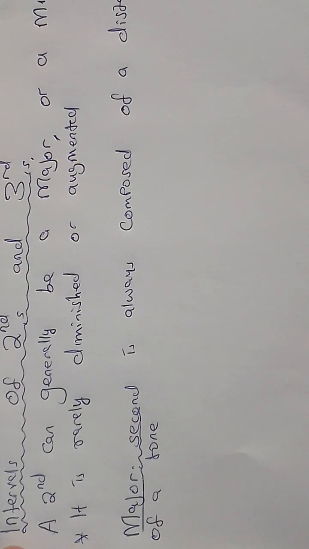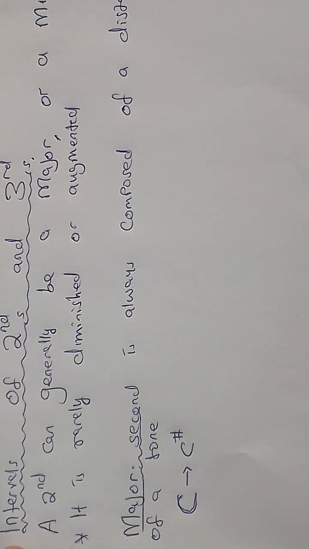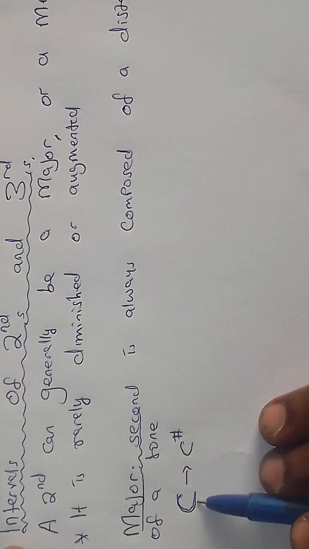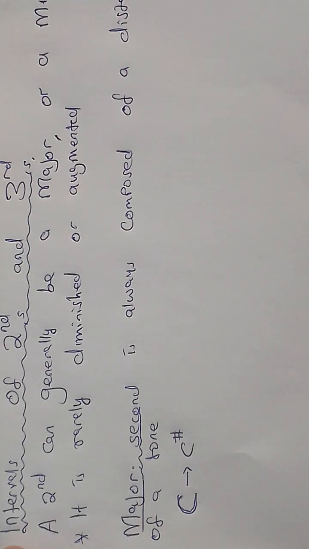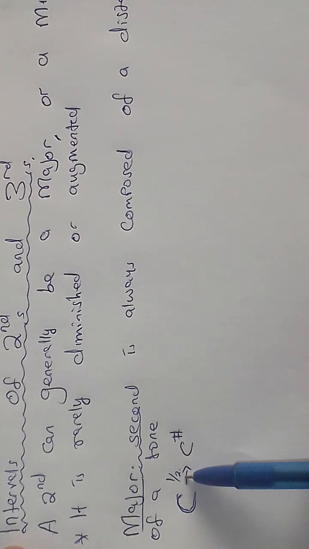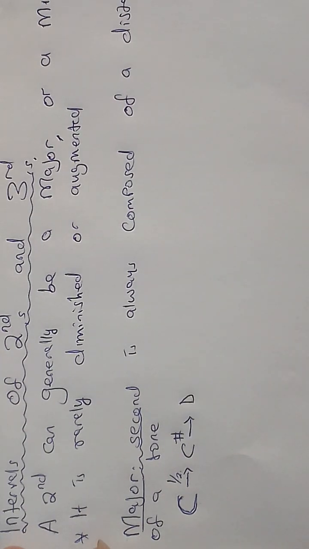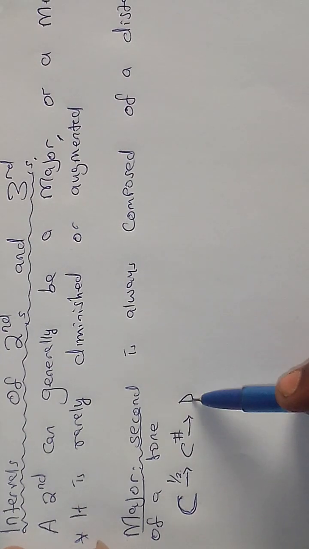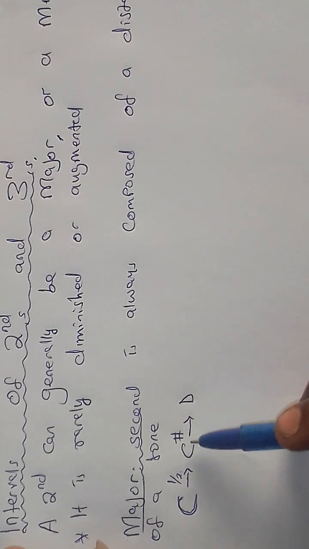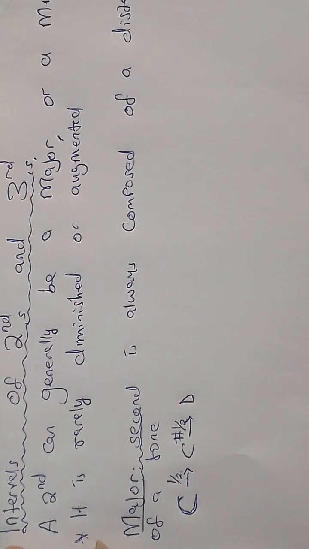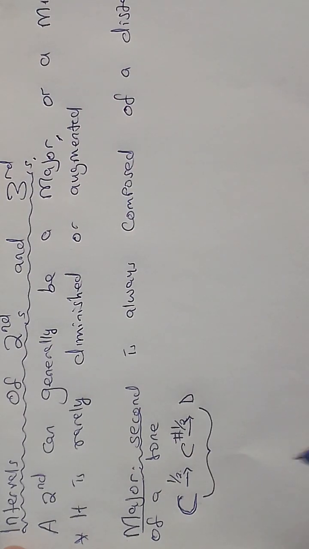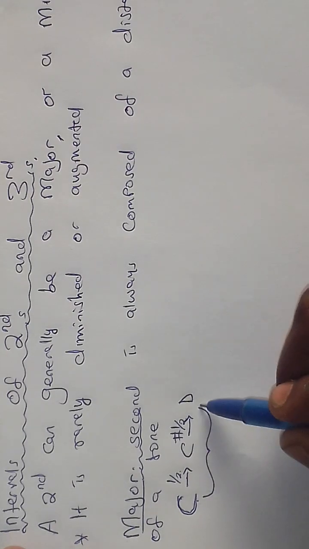Say for example, we are moving from key C to key C sharp. The distance is usually a semitone, that is a half. Let's say we move from C sharp to D, this distance is still a semitone. Therefore, the interval from C to D is a major second because we have 2 semitones.